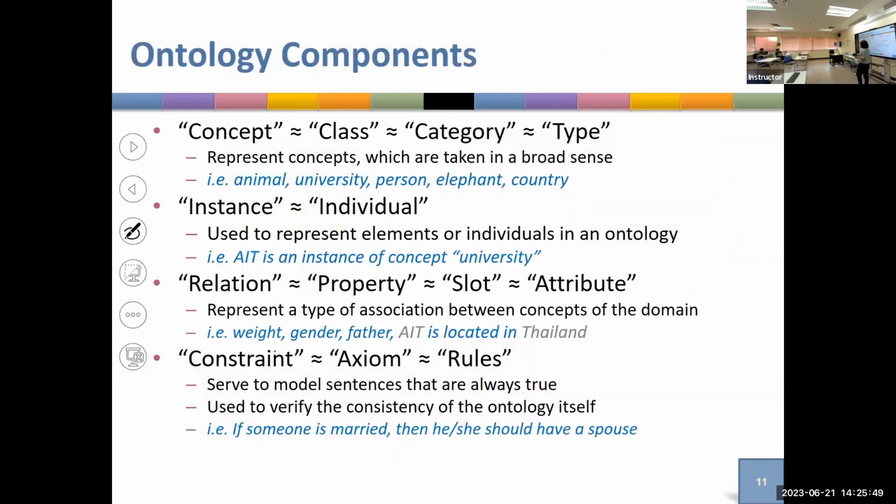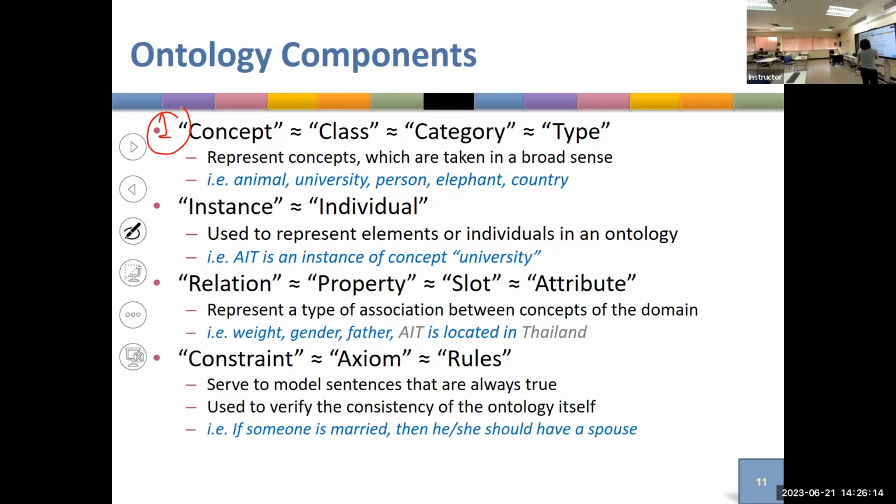So some components. When we talk about ontology, there are 4 main components that we can define or model. First, concept, class, category, type. These have similar meanings.